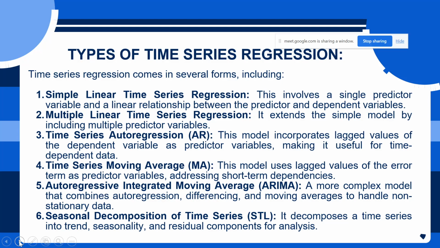However, these models are a powerful tool for forecasting time series data. They do have a number of limitations. One limitation is that they assume the relationship between the dependent variable and its past values is linear. This may not always be the case. If the relationship is not linear, then the model will not be a good fit for the data.